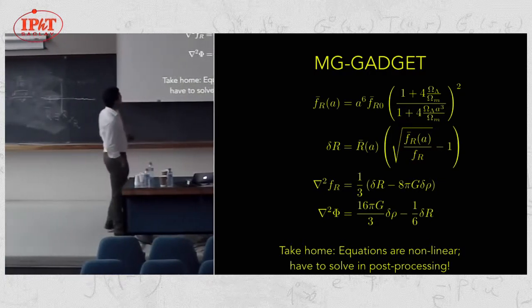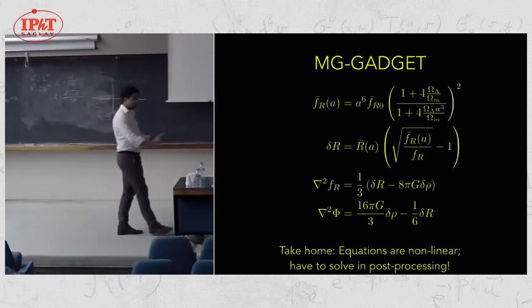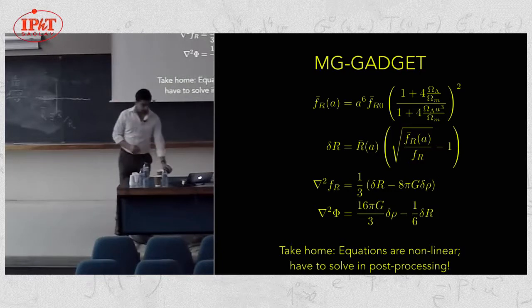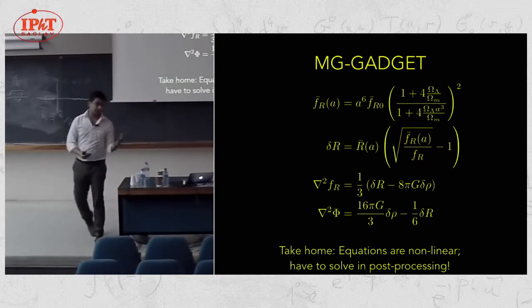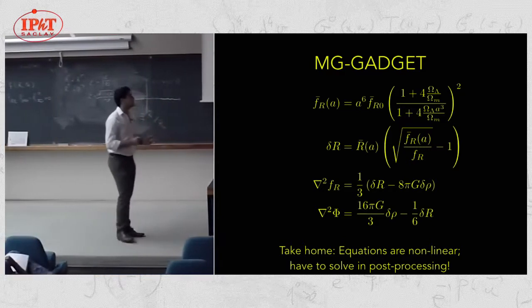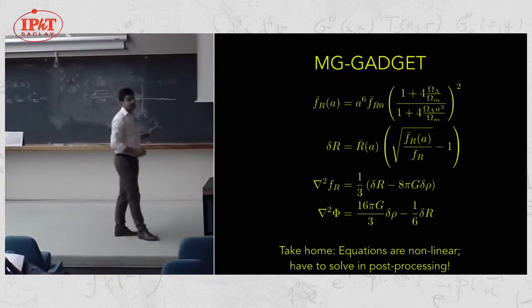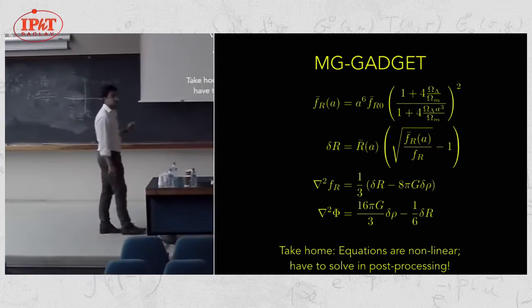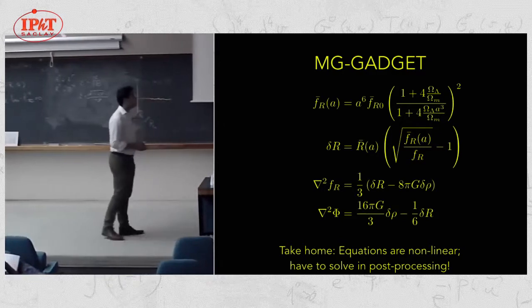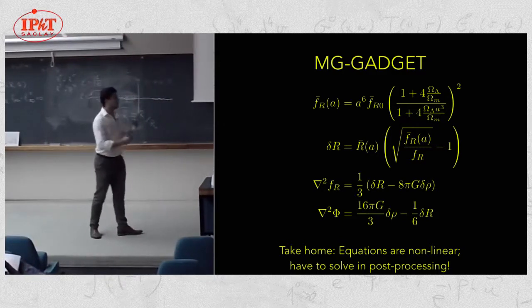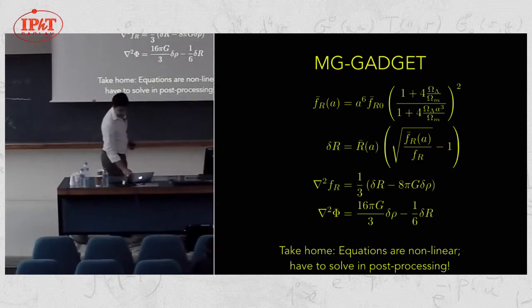Now the problem with this is that the traditional lambda CDM Poisson solver uses various methods. It uses the octree that I mentioned earlier, and it uses fast Fourier transforms. And these methods are super fast, but they rely upon the linearity of Poisson's equation, because they rely upon the principle of superposition. And by having these nonlinear equations, we've thrown those methods out the window. So we're stuck doing this very slow Newton-Gauss-Seidel method.